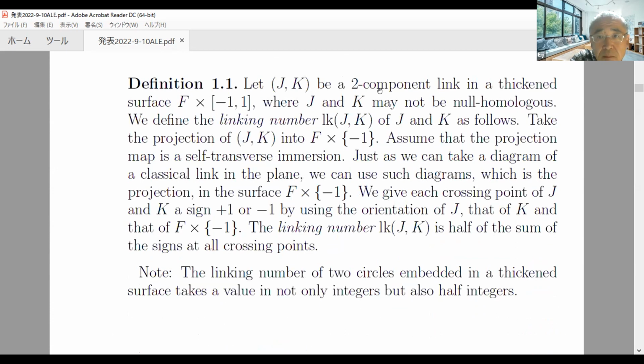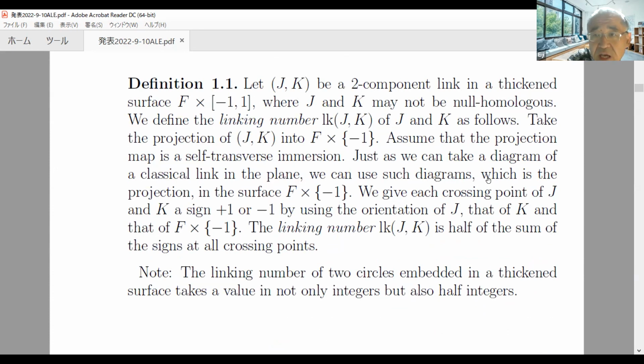Let J, K be a two-component link in a thickened surface. J and K may not be null homologous. The linking number of J and K is defined as follows. Take the projection of J, K into F cross minus 1. Assume that the projection map is a self-transverse immersion, just as we can take a diagram of a classical link in the plane.